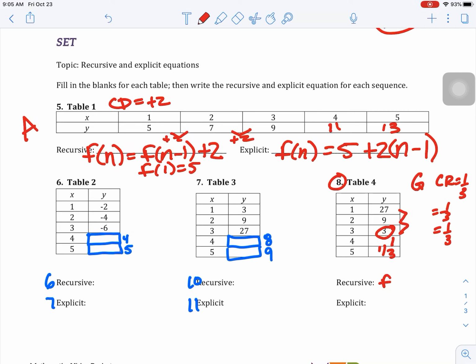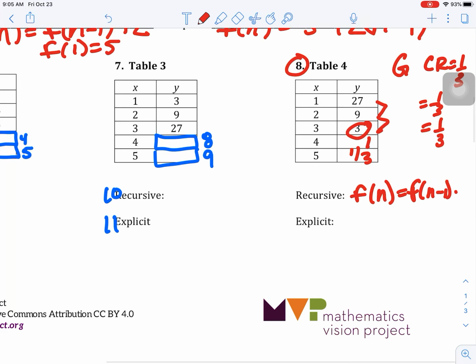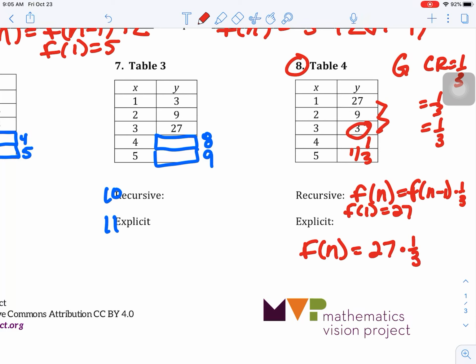The recursive is to get the next number, I take the number before and multiply by 1/3. And then starting at 1, the output is 27. My explicit says to find any number, I start with 27, and multiply by 1/3 to the power of n minus 1 times, because it's geometric and it started at 1.